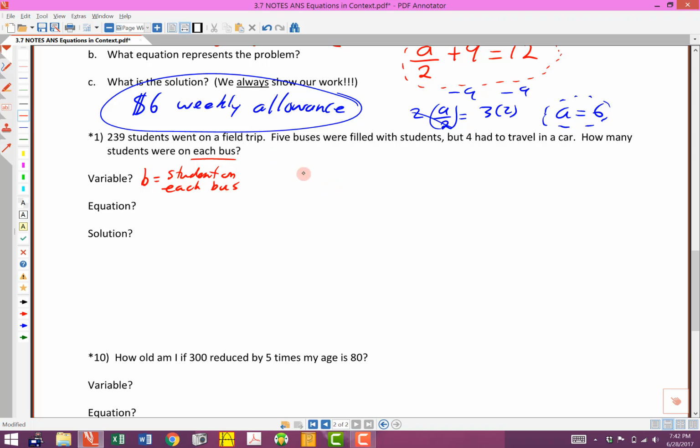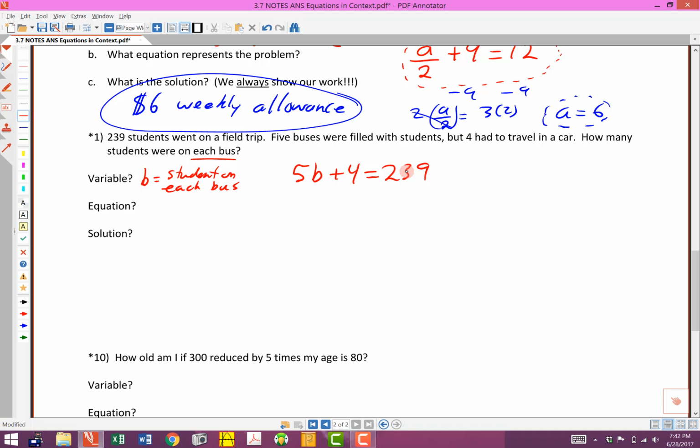They got on 5 different buses. We packed the kids on there. There were 4 kids left over. They had to travel in a car, and altogether that means there's 239 students. So 5 times the number of students on a bus plus 4 is going to be equal to 239. So we've got the number of students on buses plus the number of students in cars should equal 239 altogether.